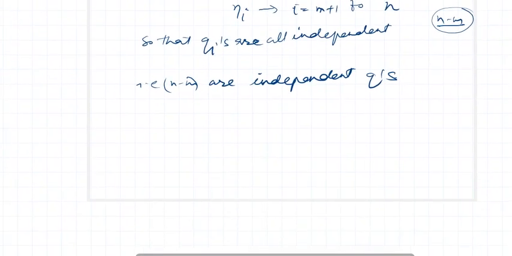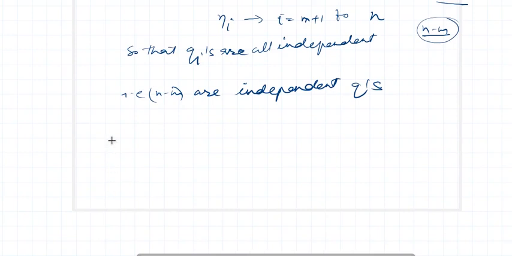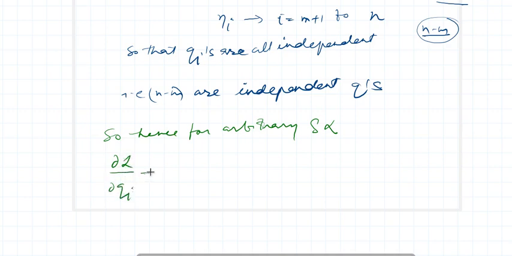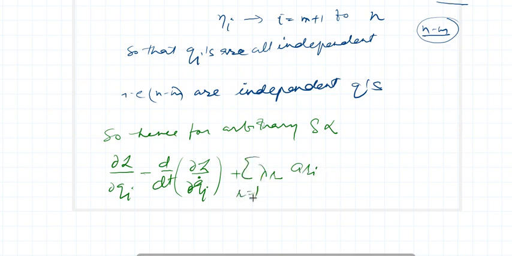So hence, for arbitrary δα, ∂L/∂q_i minus d/dt ∂L/∂q̇_i, plus λ_r a_ri summation r varies from 1 to m, for i equal to m plus 1, m plus 2, and so on up to n, must be equal to 0.